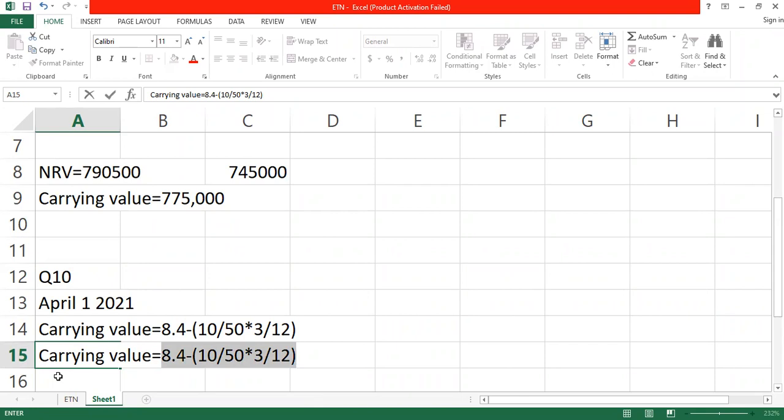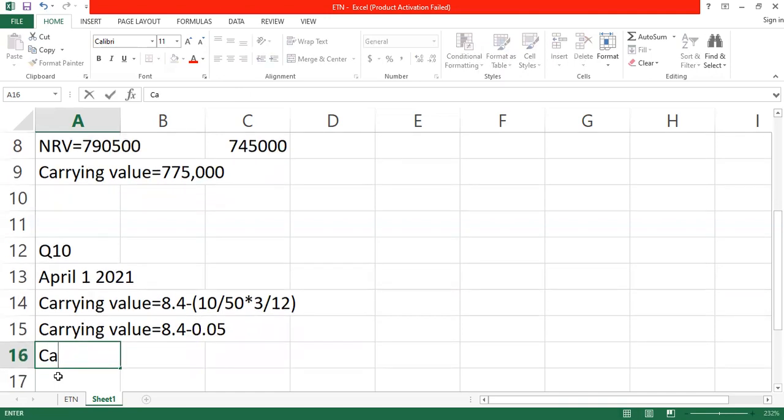I'm getting the depreciation to be 0.05. That's 50,000. Then if I take it from 8.4, what am I getting? 8.35. So let me do 8.4 minus 0.05. Am I correct? Yes.